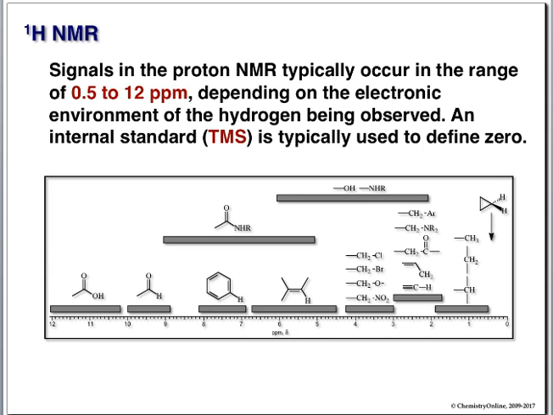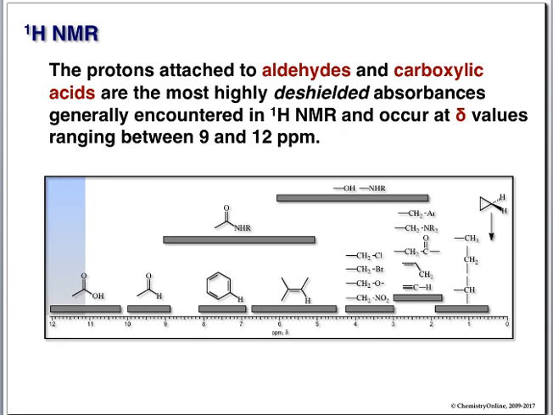Up here at the top, we have carboxylic acids and we have aldehydes. So this is the hydrogen of the aldehyde, hydrogen of the carboxylic acid. Carboxylic acids are the most highly shifted. They tend to be right around 11.